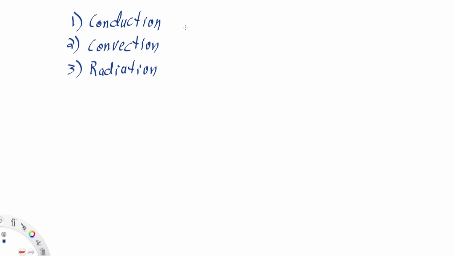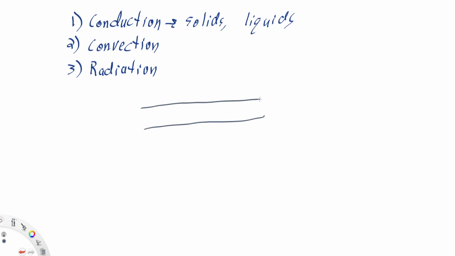Conduction is the main way that heat is passed through solids and liquids. Our idea goes something like this. Let's say we have a strip of material, and one end of the material is hot, and one end of the material is cold.